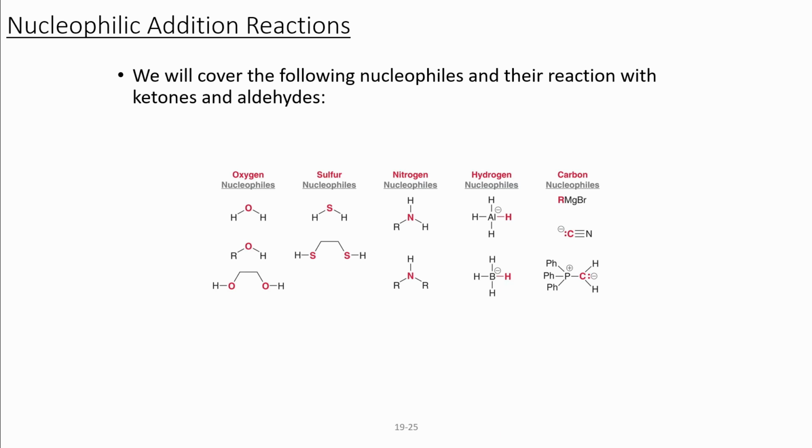And so we'll be forming new carbon-oxygen bonds, new carbon-sulfur bonds, new carbon-nitrogen bonds, carbon-hydrogen bonds, and finally, one of the most important for building larger and larger carbon frameworks, carbon-carbon bonds. And we've actually already looked at 2 of these with the Grignard reagent and the nucleophilicity of cyanide, but we will learn about 1 additional carbon nucleophile.